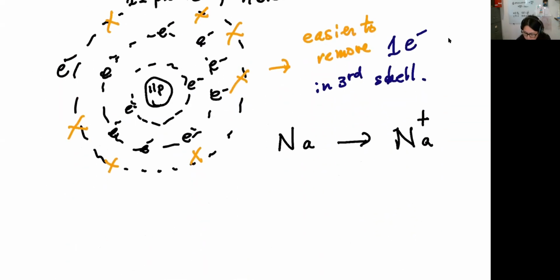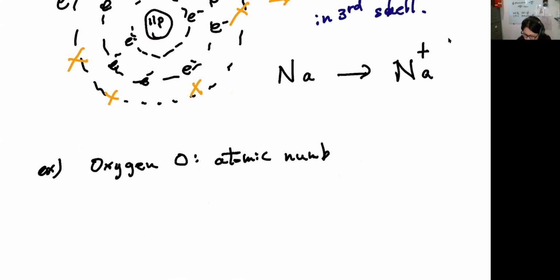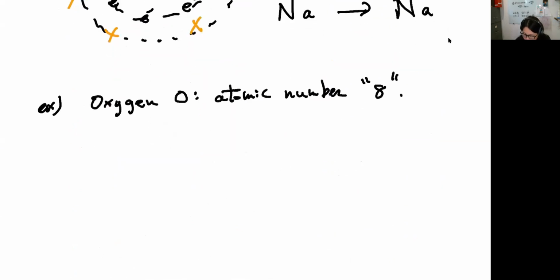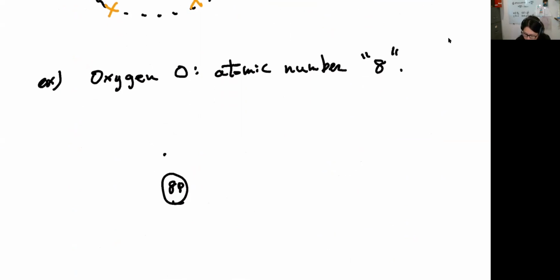So another example, oxygen. Atomic number 8. So that means that we have 8 protons in the nucleus, and the first 2 electrons sit in the first shell.